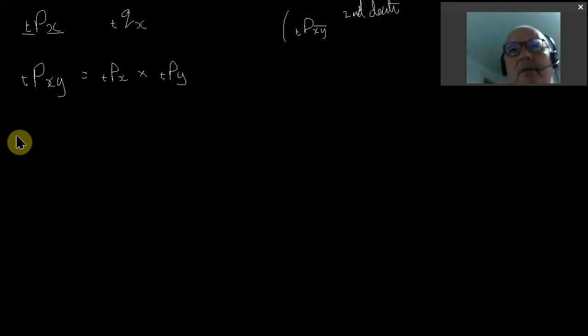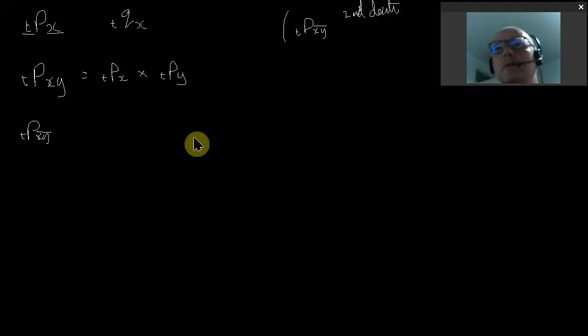Okay, and now to see if we can understand what's going on, again, let's look at tPxy bar. Now we're dealing with the second death. So it's a survival probability. This is the probability that the second death has not taken place. So the probability the second death has not taken place is the probability that at least one is still alive. So it's 1 minus the probability that both have died.